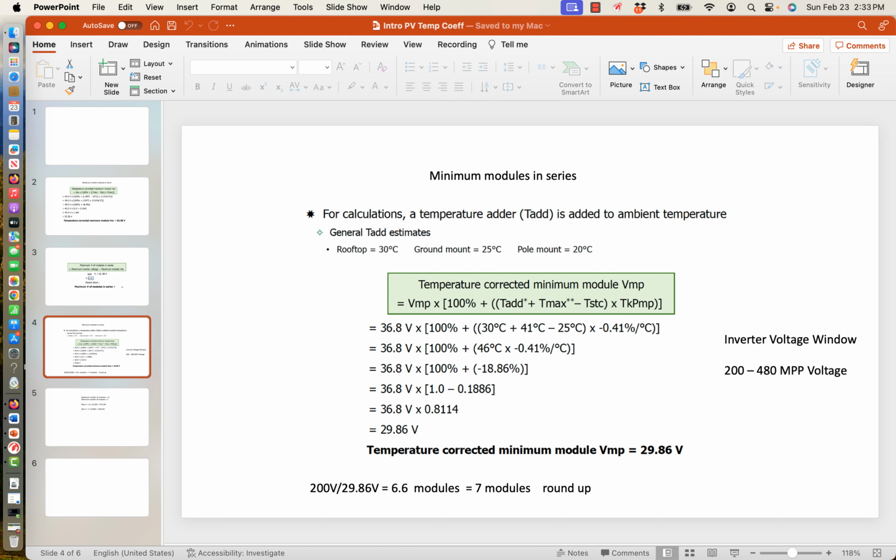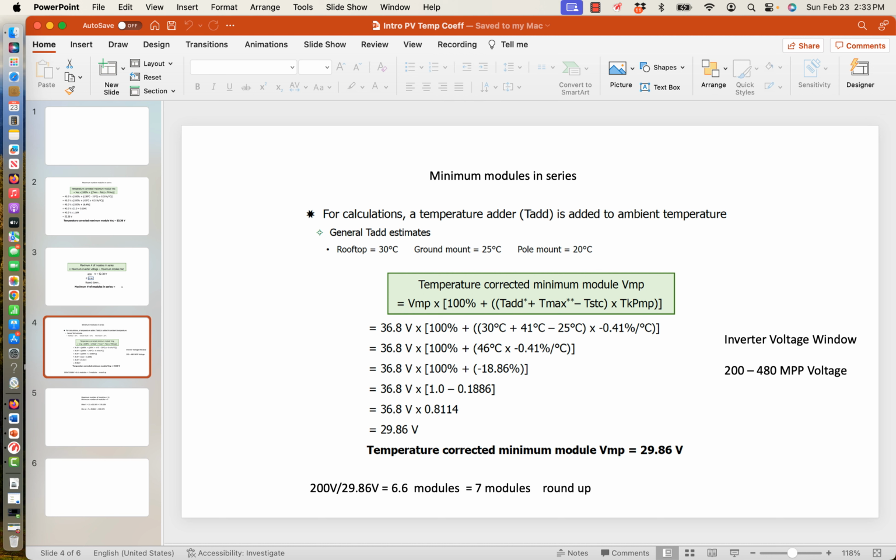Now, to determine the minimum number of modules, we're going to have to look at the inverter data sheet. In the inverter data sheet, it will tell you what the maximum power point voltage operating window is. For the Fronius inverter, I believe I handed out that cut sheet in a previous class.